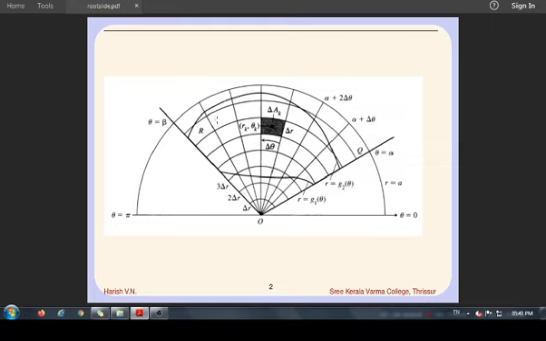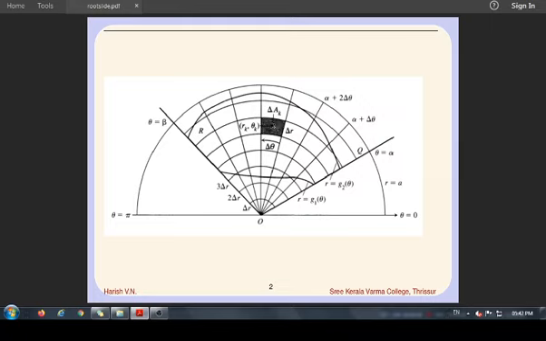You can call this A1, this A2, A3. We can ignore this because this polar rectangle does not lie completely inside R. This polar rectangle also you can ignore, and so on. Then you come to this polar rectangle, this, etc.